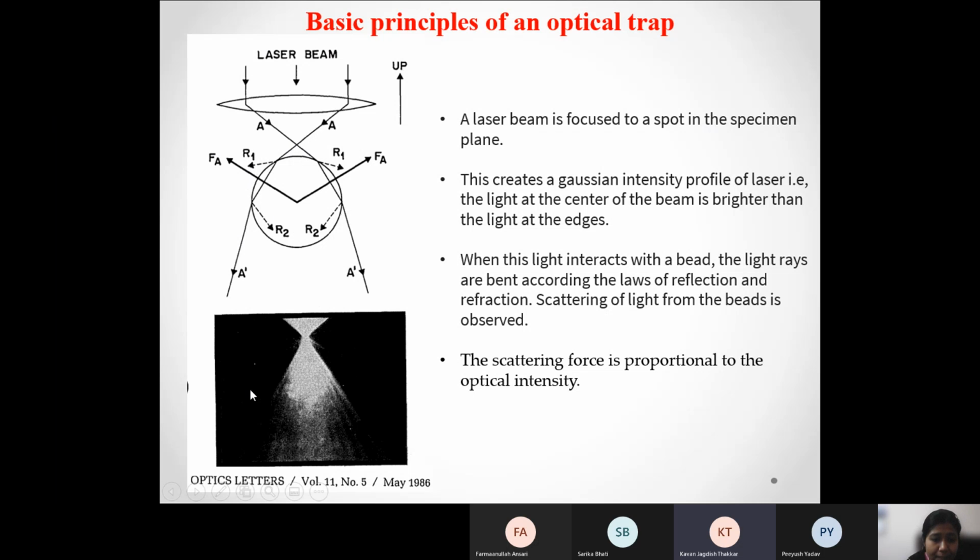And then this is an actual image of the way the light is moving into this plane where you would have this bead, and how the light is moving out of it. So you can see exactly how he envisioned the whole event to occur.